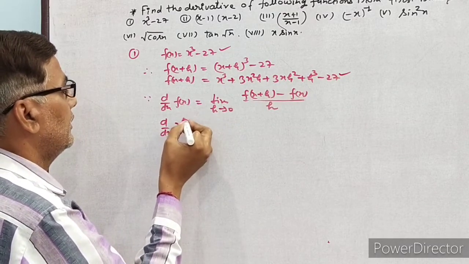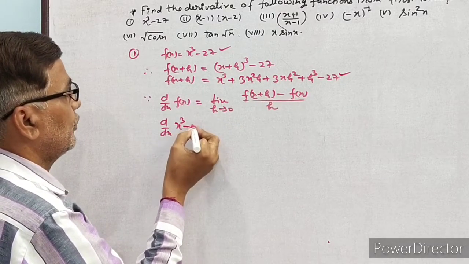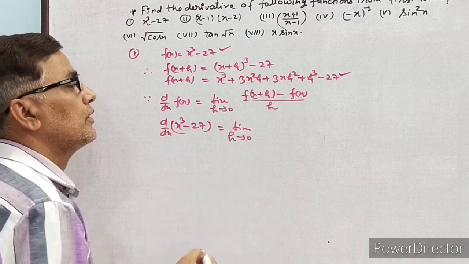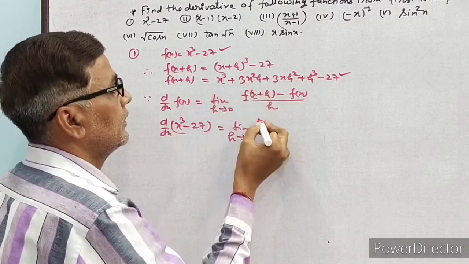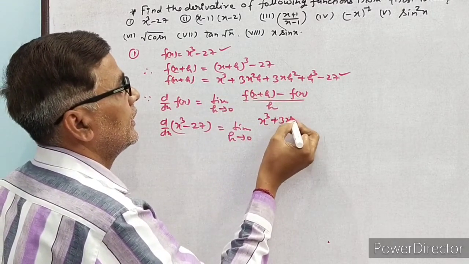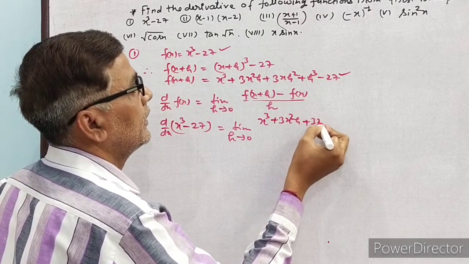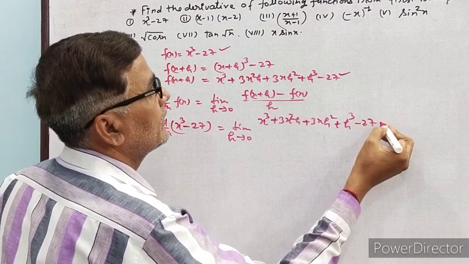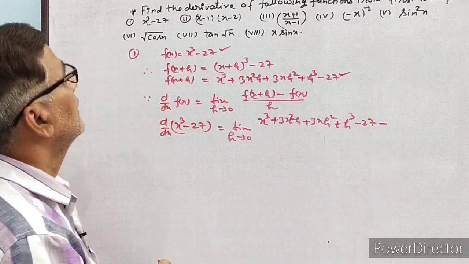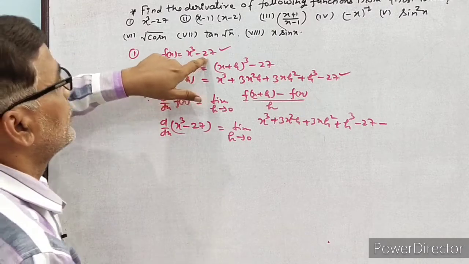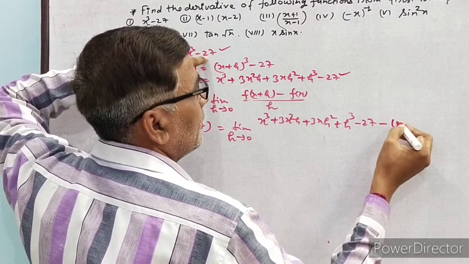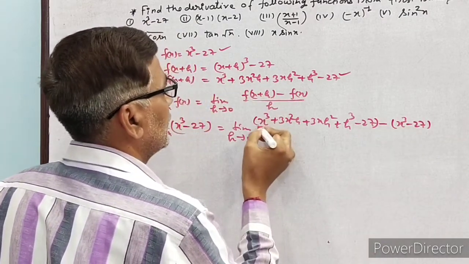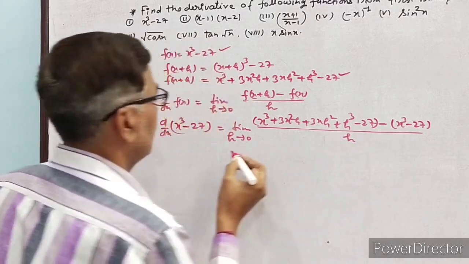We have here d/dx (x cube minus 27) is equal to limit h approaches to 0. f(x plus h) is x cube plus 3x square h plus 3x h square plus h cube minus 27, and the minus f(x) is x cube minus 27.